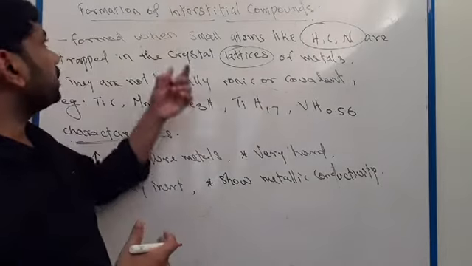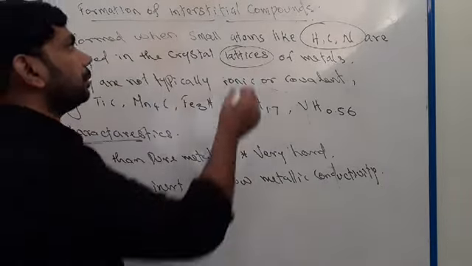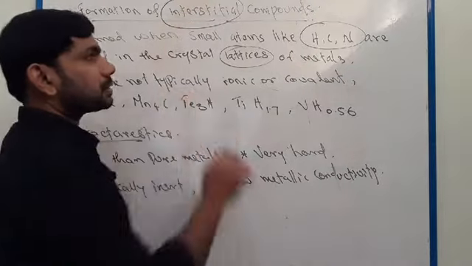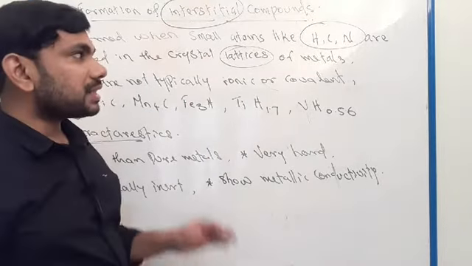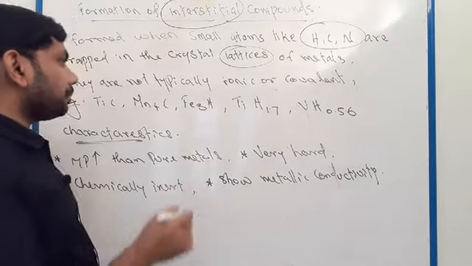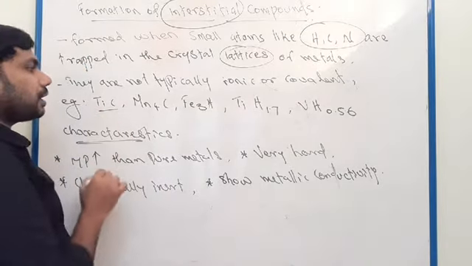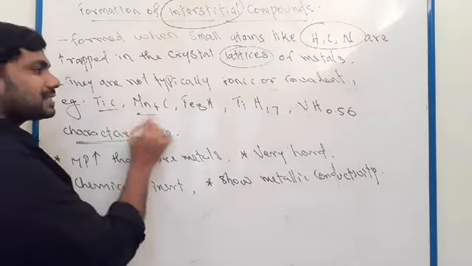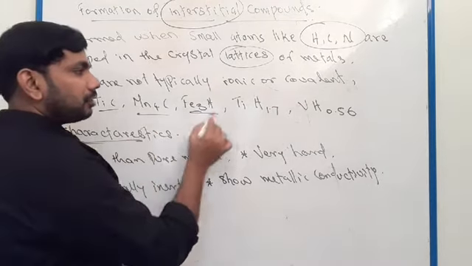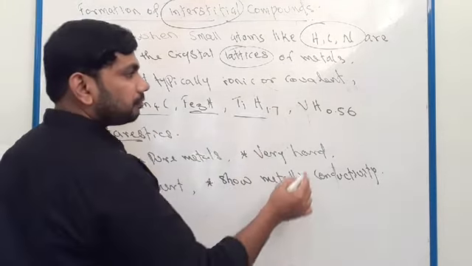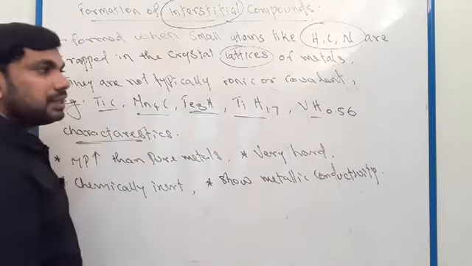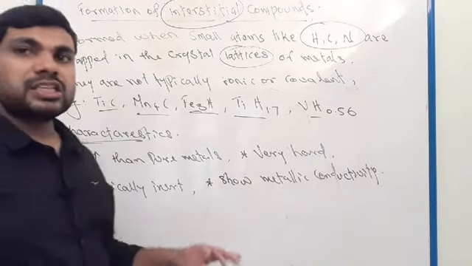After that it changes to interstitial compounds. Examples here: titanium carbide, manganese carbide, iron hydride, titanium hydride, vanadium hydride. These are examples of interstitial compounds.